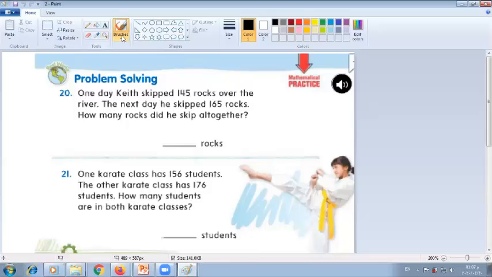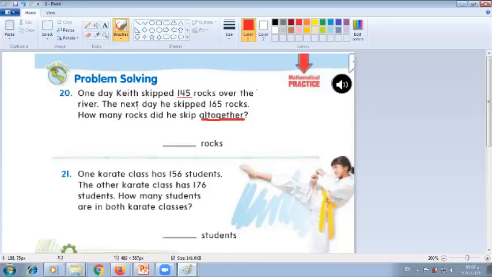And of course, we know that the words all together mean what? It means that I want the whole number, and the whole number means I will have to, that's right, add. Now I want all the numbers together. Let's read again. One day Keith skipped 145 rocks over the river.